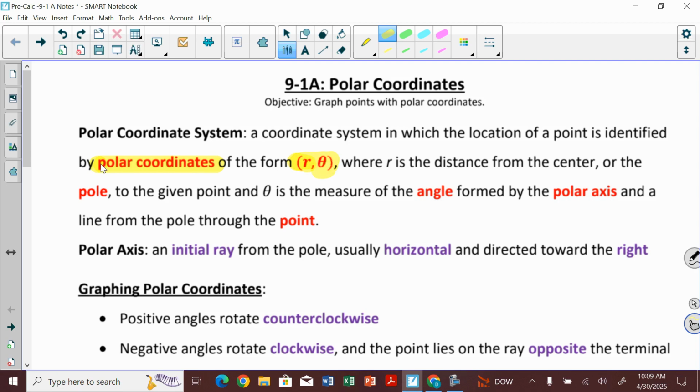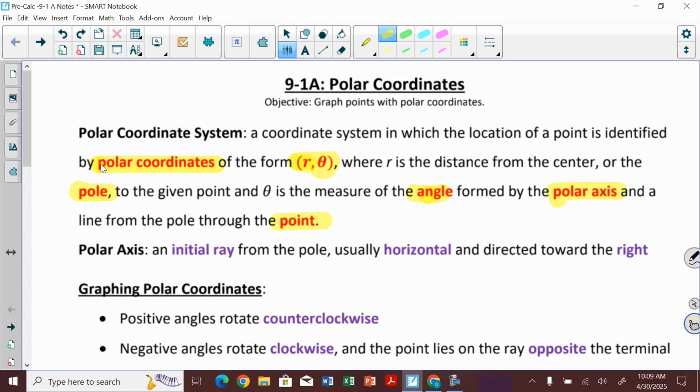So r is the distance from the center, which we call the pole, to the given point, and theta is the angle measure that's formed by what we call the polar axis. That's like your x-axis in this case, the polar axis, and a line from the pole through the point.